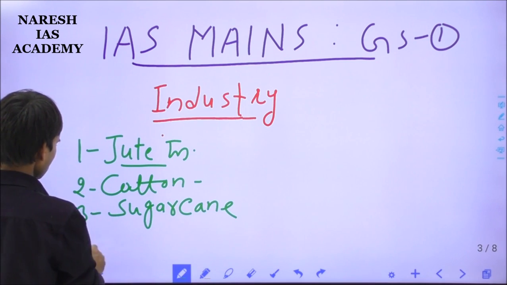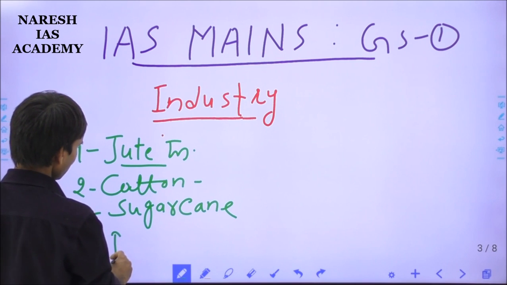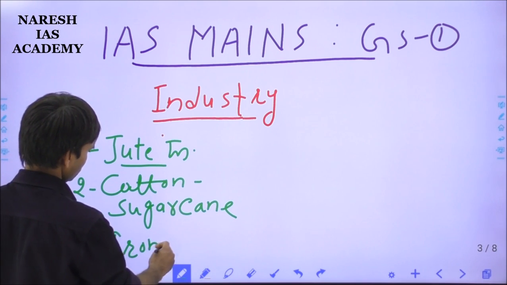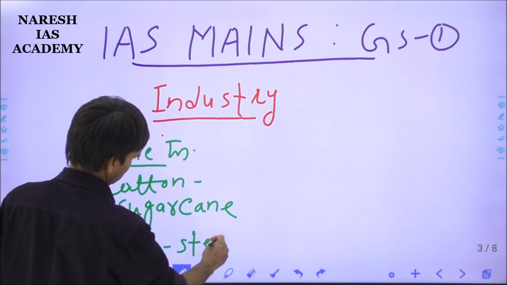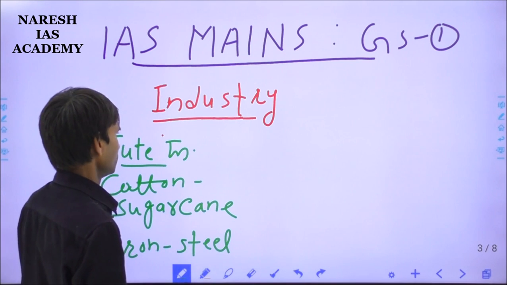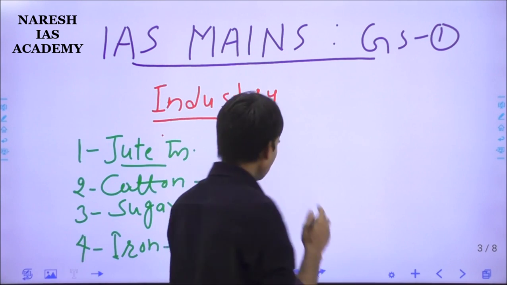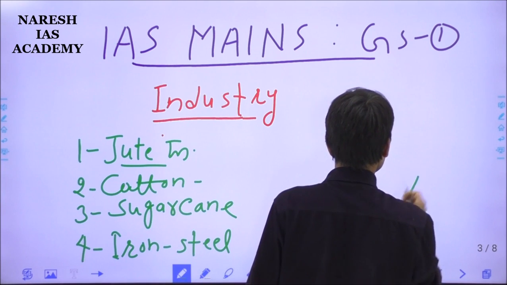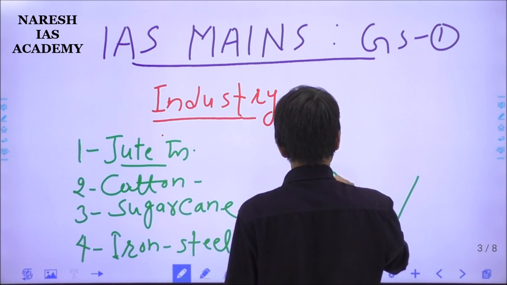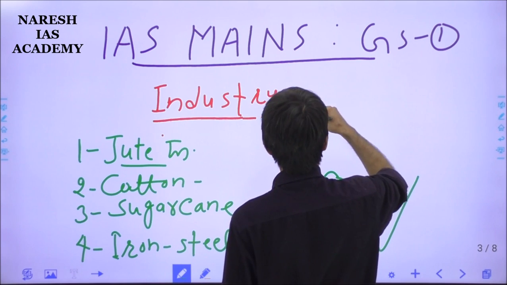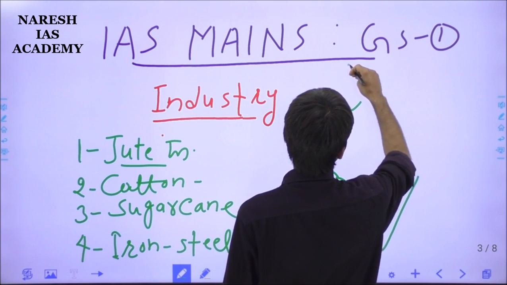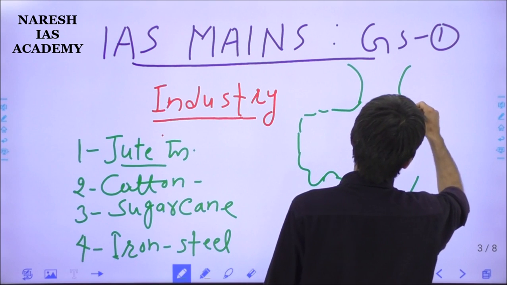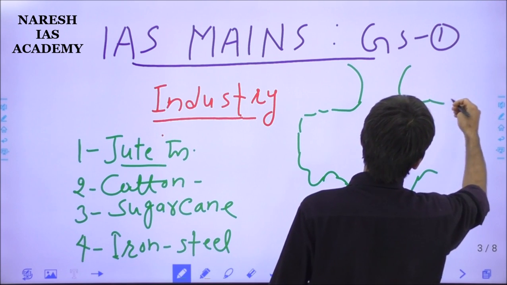And fourth is the iron and steel. And through the Indian map, I will locate the present scenario of the different industries.